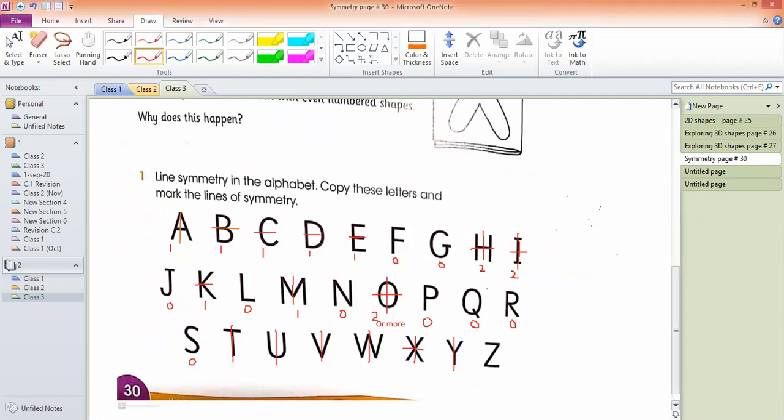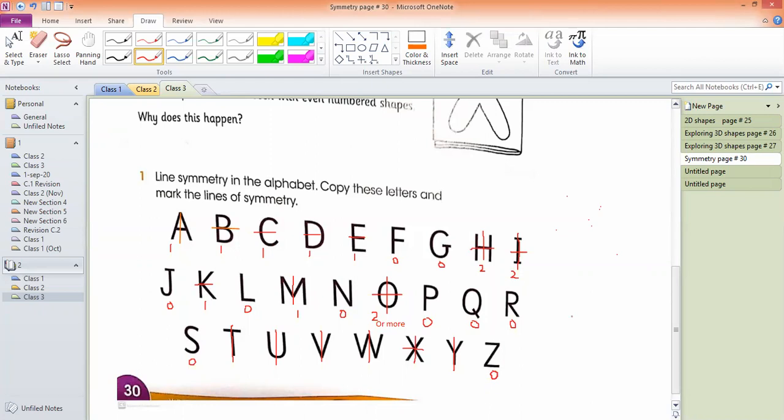If I draw a vertical line here, you can see this part is open, this is closed, this is open, and this is closed. So there cannot be a vertical symmetry. Same. This part is closed, there is a corner, but there is no corner. And here is a corner, but on top there is no corner. So there is no line of symmetry in Z. So this is 0. Okay, guys.